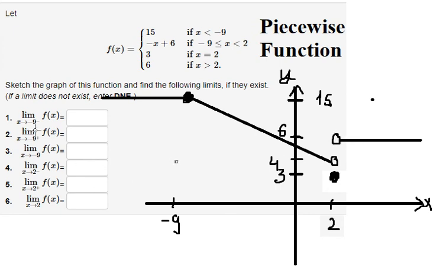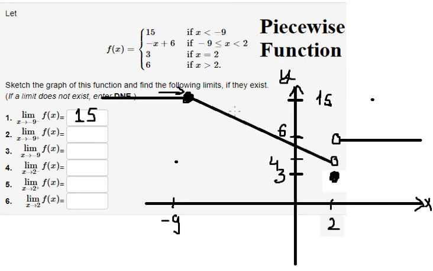And now we need to find the limit. When s approaches negative 9 on the left, they go in this way. When they reach about this value in here, that is about y equal to 15. So we have 15 in here. S approaches negative 9 on the right.